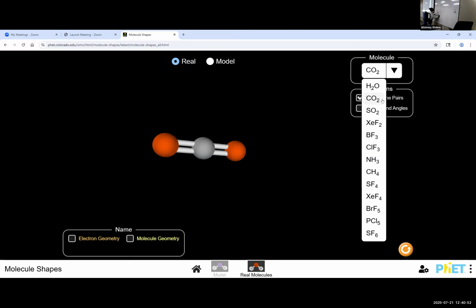I think it might have two double bonds, but I need to double check, so it'll be one double bond. 2, 4, 6, 8, 10, 12, 14, 16, 18. So the sulfur here, 2, 4, 6, 8 does have a full octet.